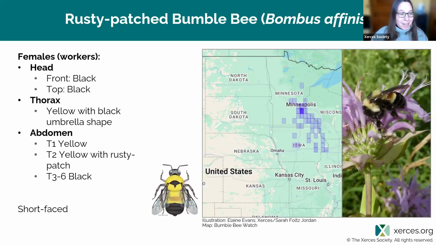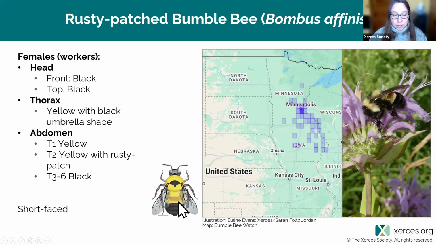So if you guys remember from last week, I really like to work backwards to forwards when I'm looking at different bumblebees to identify them. So if we focus in on the abdomen of the bumblebee and those color patterns there, for the rusty patch bumblebee, that first tergite, or that first abdominal segment, is going to be yellow.